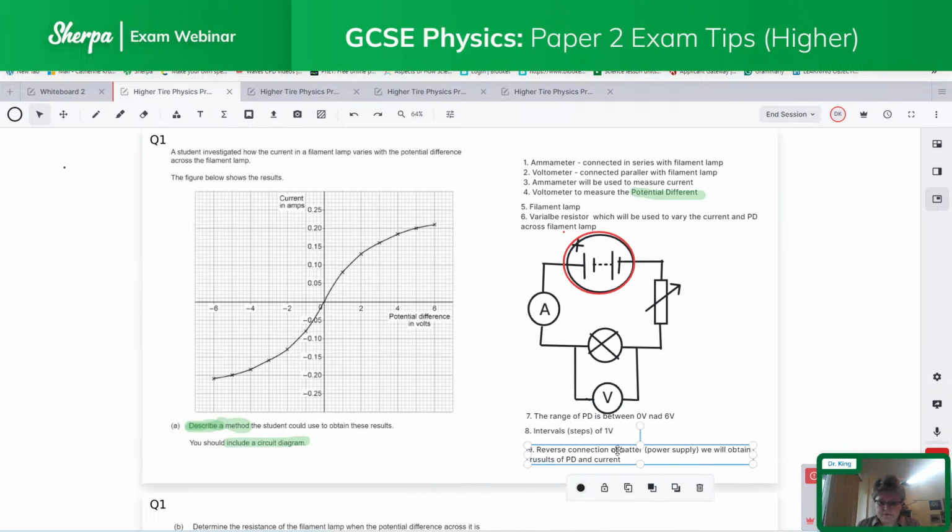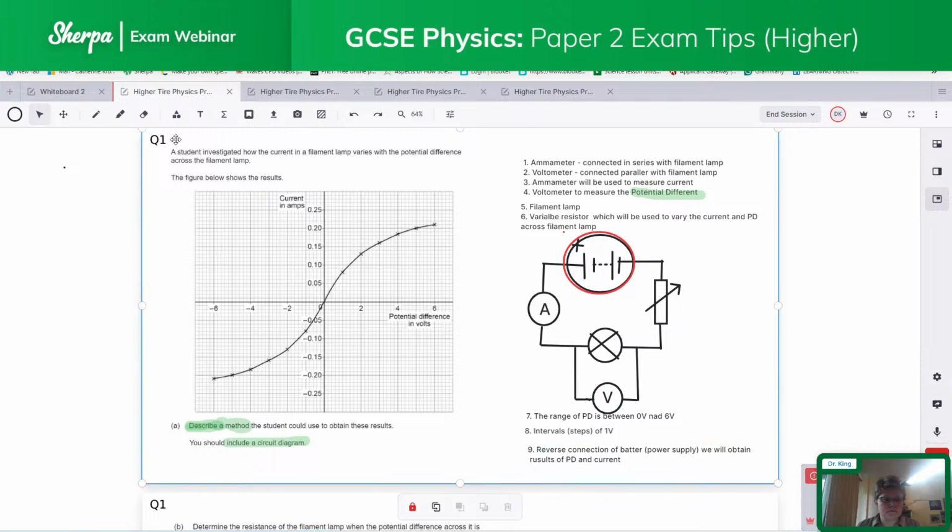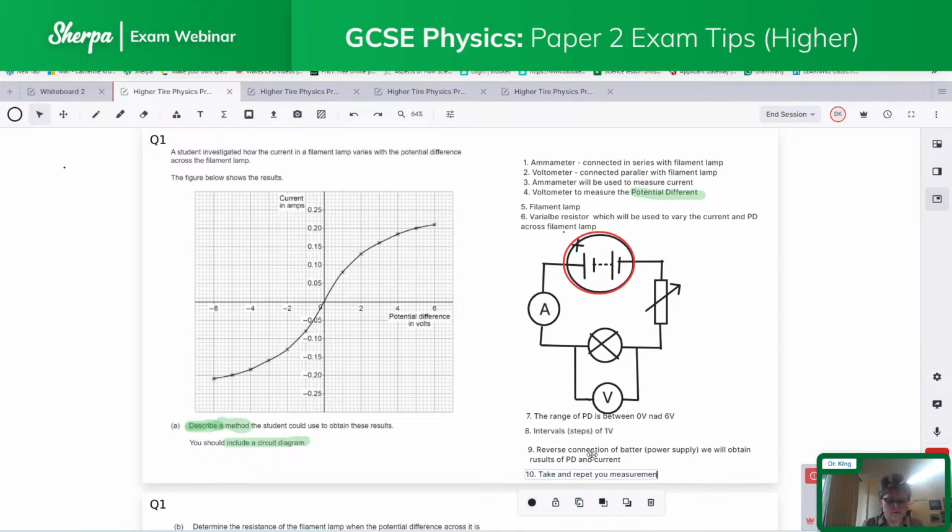What else do we need to do? As a professional scientist and in a higher paper, they will require you to include scientific methods, how you're doing this. One measurement is not always enough. You need to repeat your measurements several times and take the mean from it.